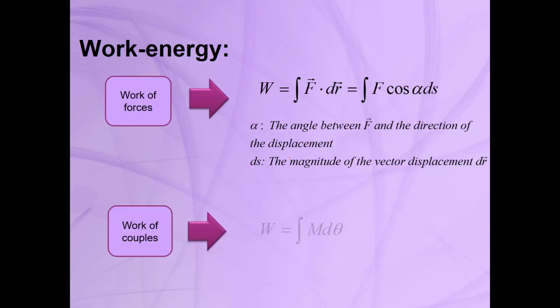Here you can see this is the work done by the external forces. It's equal to F dot dr, and it's equal to F cosine alpha ds. So anytime this alpha is equal to pi divided by 2, this work will be equal to 0.